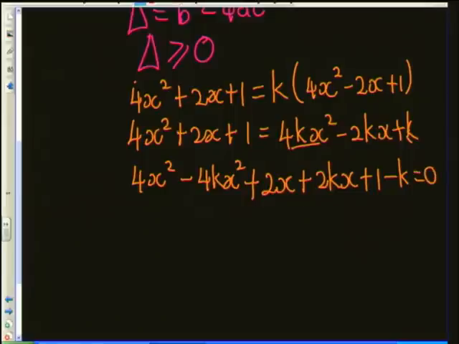Right, now bear in mind, you cannot forget that we're trying to get it into this form here, ax squared plus bx plus c. Okay, so we need to isolate this term here, the x squared. We need to isolate the x, right? So the only way I can do that is if I factorize the first two terms.